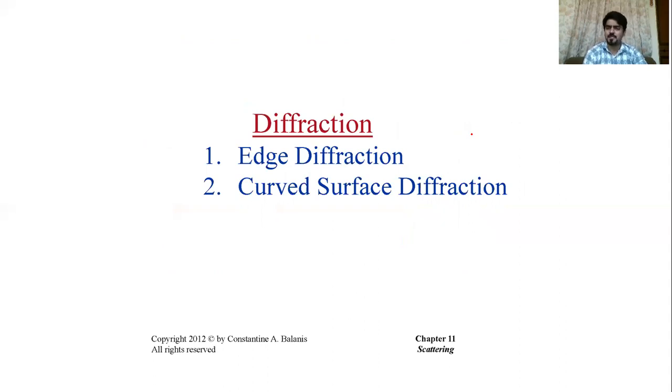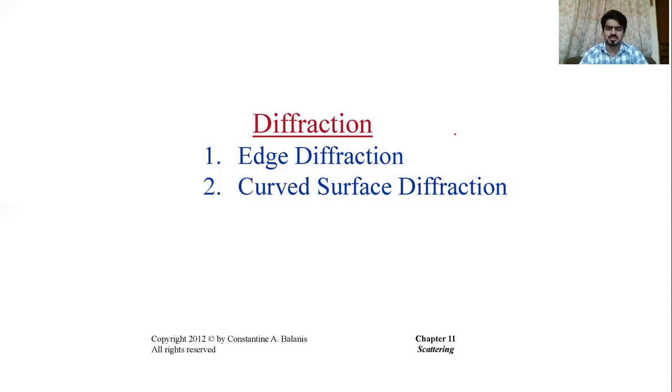Basically, when we discuss diffraction, you broadly have two types of diffraction. One is the edge diffraction from the edges of a finite structure, and the other one is curved surface diffraction. We discussed curved surface diffraction when we discussed cylindrical structures, or, let's say, radiation from an aperture placed on a cylindrical structure.